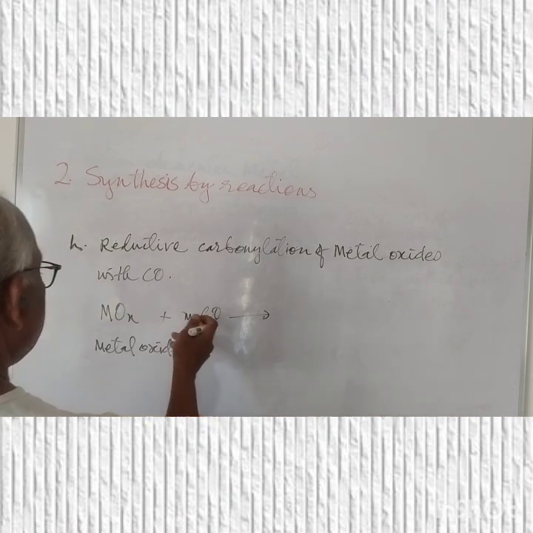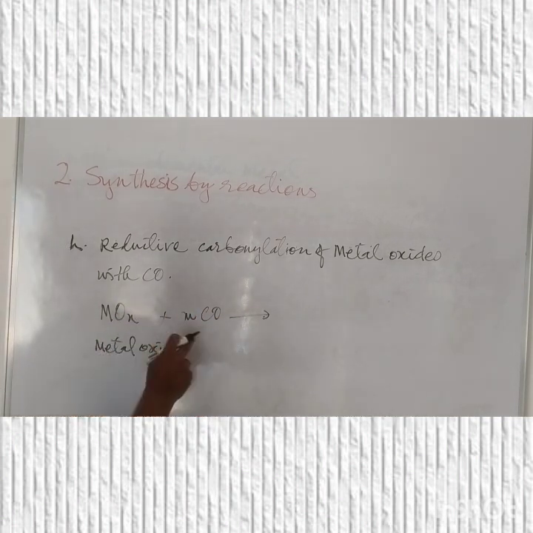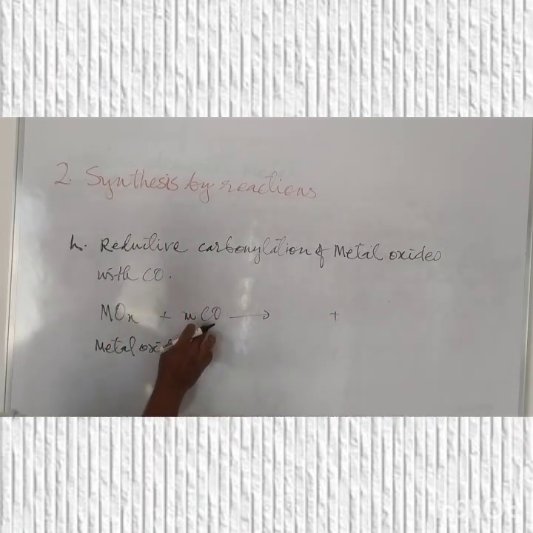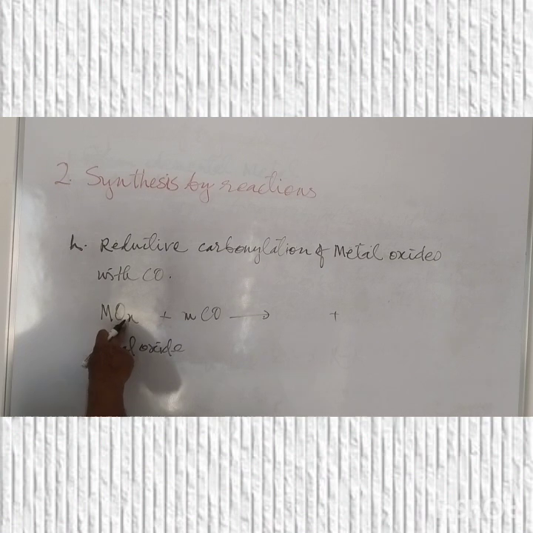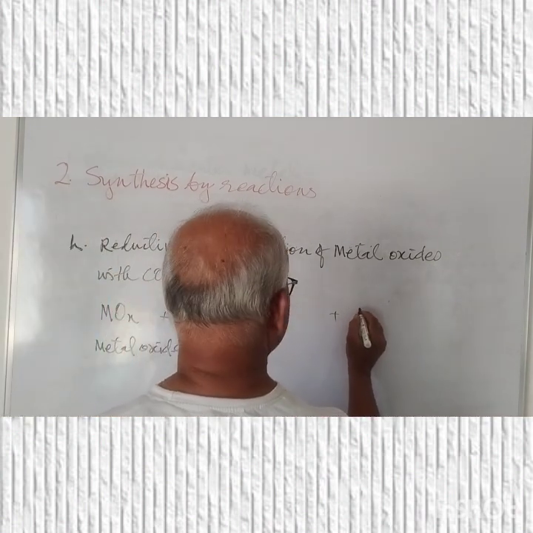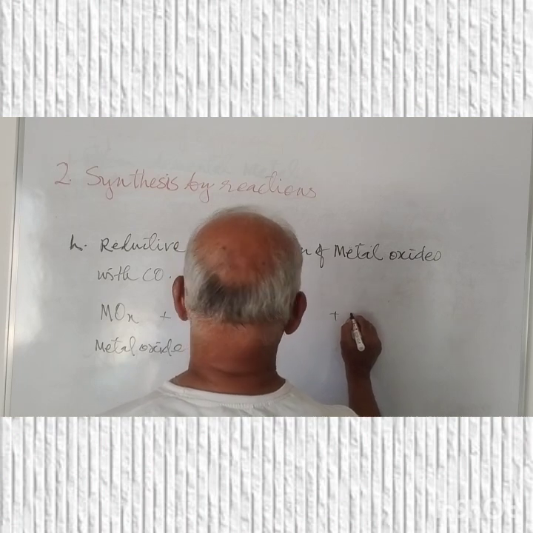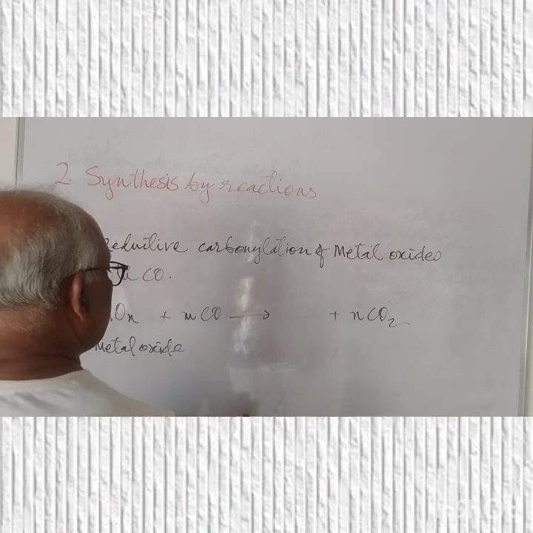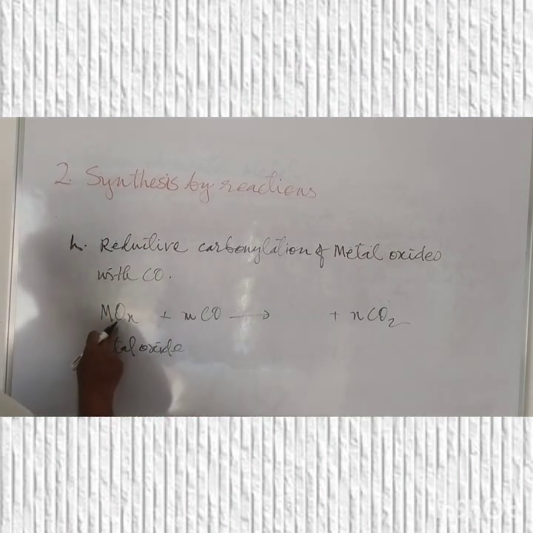So this M is added here, and here we obtain CO2. The carbon monoxide reacts with these oxygens, so we get n number of carbon dioxide, and this CO gets attached to this metal.